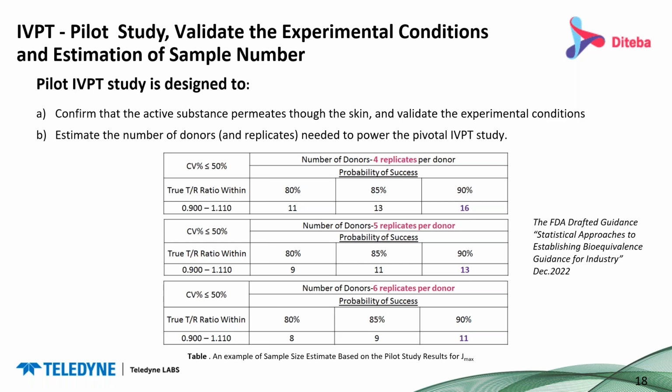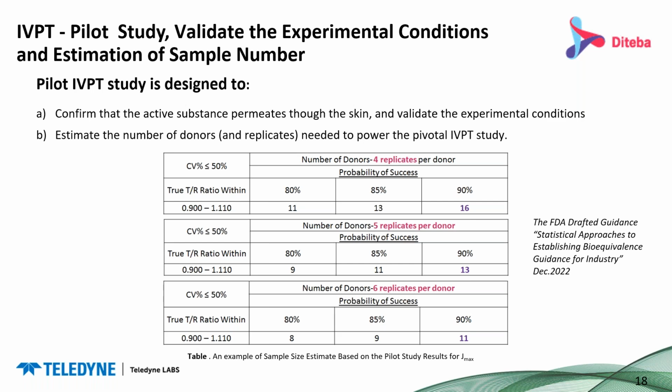Increasing replicates to 5 or 6 can reduce the required number of skin donors to 13 and 11 respectively. Balanced design statistical analysis is applied if samples from all donors are equal. Otherwise, an unbalanced design is recommended due to potential exclusions.